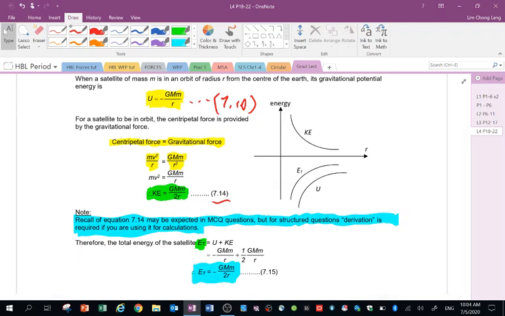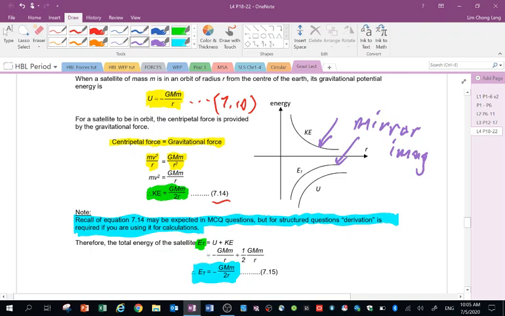If you compare these three equations, you notice that the Ke and the total energy graph are actually mirror images. Why is that so? Look at the equations.